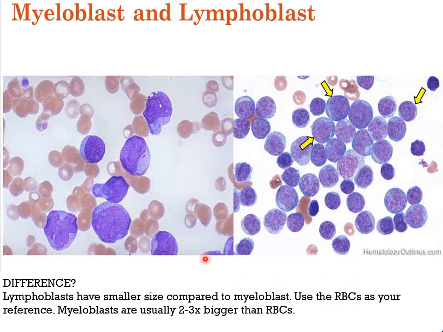Okay? So, halimbawa, ang mga myeloblast is halos 2 to 3 times larger than your regular RBC. Whereas, yung ating lymphoblast, halos kasing size niya. Halimbawa, dito sa right picture na to, ito yung mga nasa yellow arrow ay yung mga myeloblast. Okay? Ito mga smaller than that cell is actually your lymphoblast. So, halos kasing size niya yung RBC.